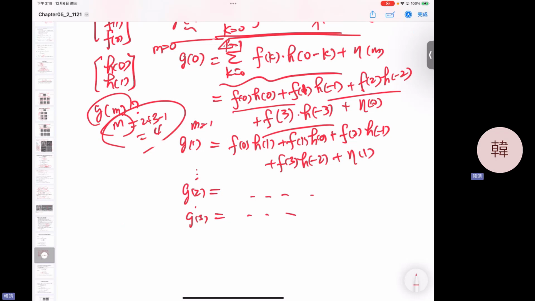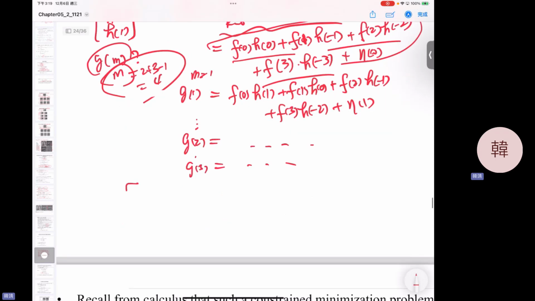If you write out all the details, you can see it can be formulated as a matrix. How? Because we have all these detailed components for each one, so I can write it up like this: G0, G1, G2, G3.